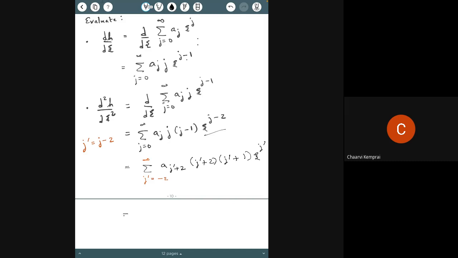And then I can change back to j, because these are dummy indices, doesn't matter. Plus 2, plus 2, plus 1. Tablet doesn't want to scroll.